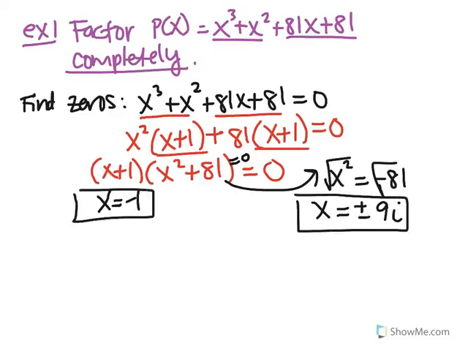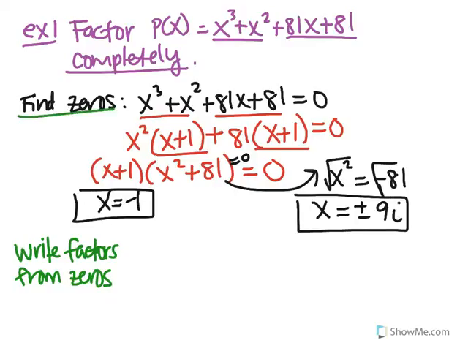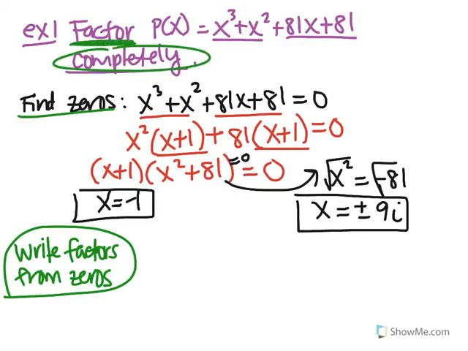Notice there's 3 zeros. The degree is 3, and it follows the fundamental theorem of algebra. So step 1 was to find the zeros. Step 2, we're going to write the factors from zeros. Remember, our goal is to factor this polynomial completely. So in order to do that, we're going to go ahead and write the zeros in factored form. So this came from the factor x plus 1.